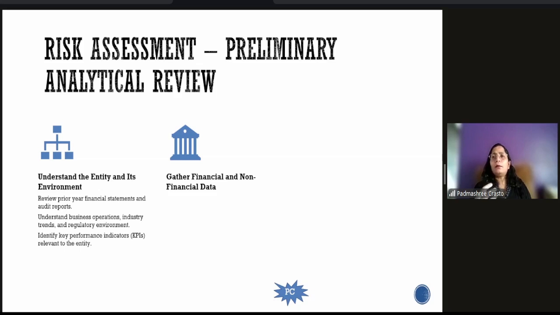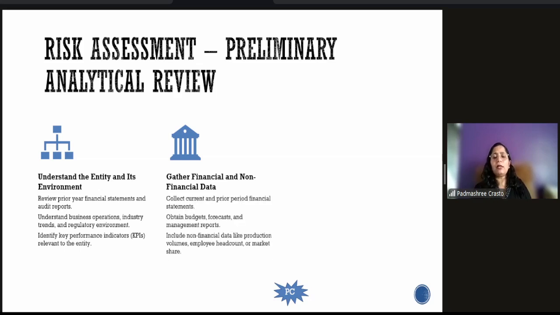So that is non-financial data. It may not be direct financial data. Then financial data, industry trends, the percentages and all that. So we have to combine both financial as well as non-financial data, and then it will help us set our expectations.